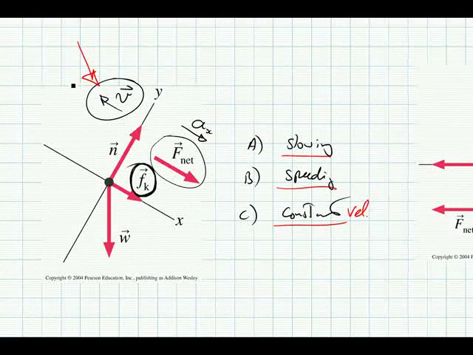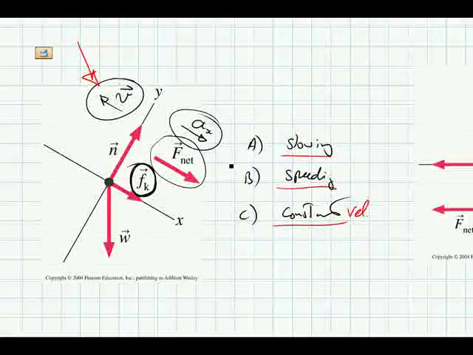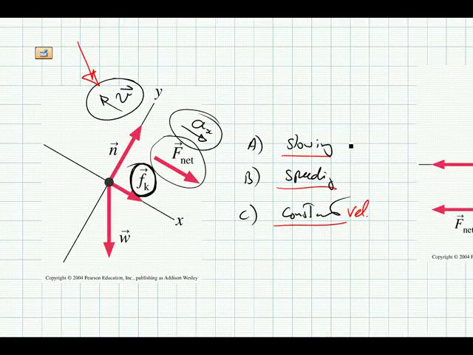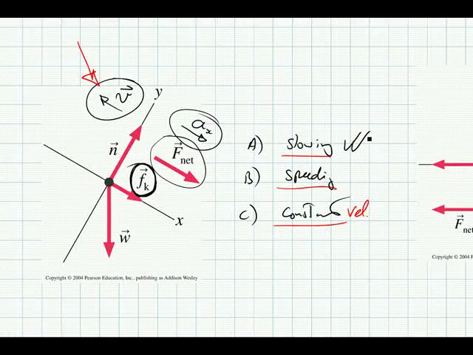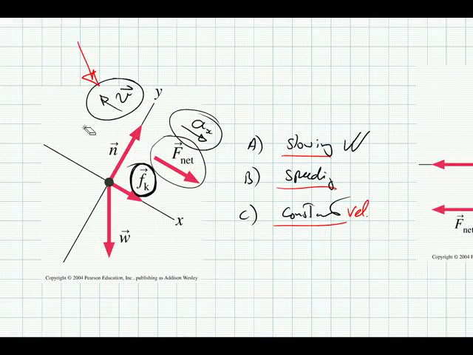So the object has velocity pointing in the negative x direction, acceleration pointing in the positive x direction, which in turn means the object is slowing down, because the velocity vector and the acceleration vector are opposite to each other in direction.